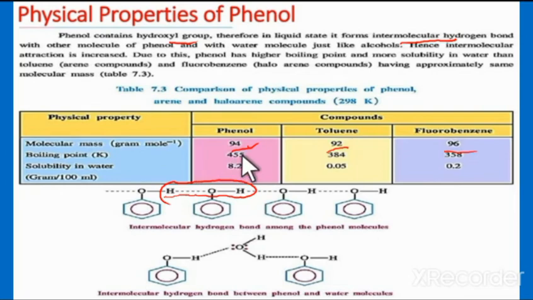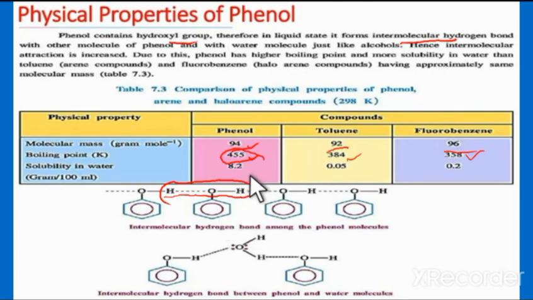The boiling point of phenol is 455 Kelvin, toluene is 384 Kelvin, and fluorobenzene is 358 Kelvin. Among these, the boiling point of phenol is more because it has strong intermolecular hydrogen bonding, but in toluene and fluorobenzene it is absent. Due to that, the boiling point of phenol is more.